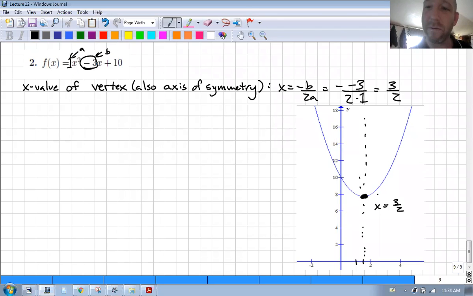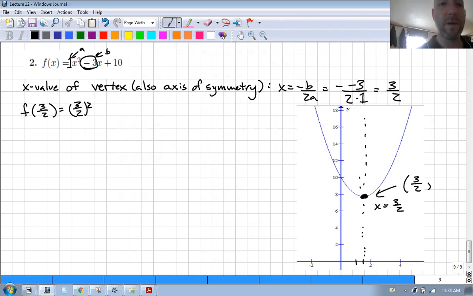Now to find the y value, we do f of 3/2.